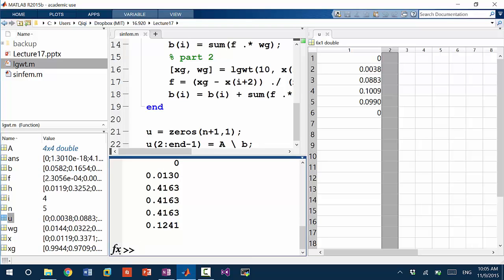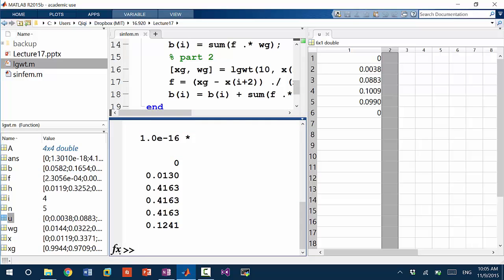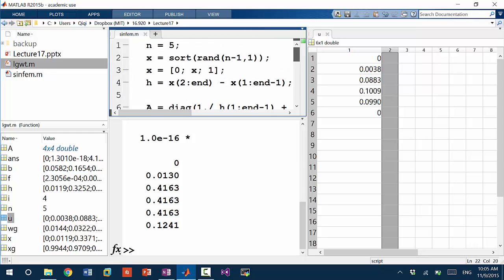Well, 10 to the minus 16. Weird, right? Are we just getting lucky? What if we just take 2?